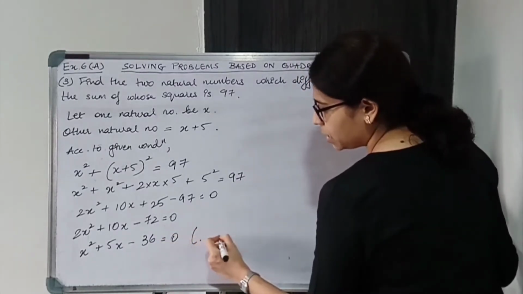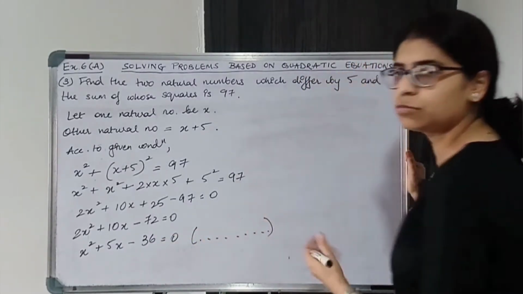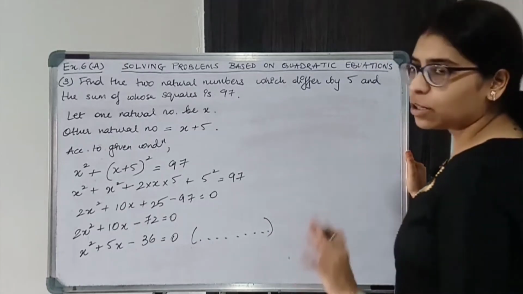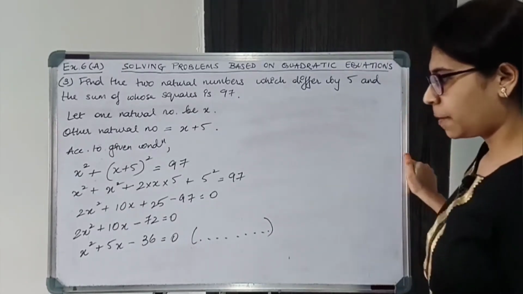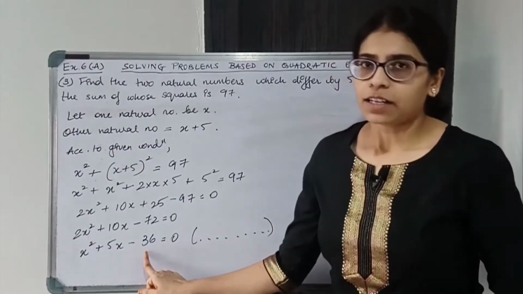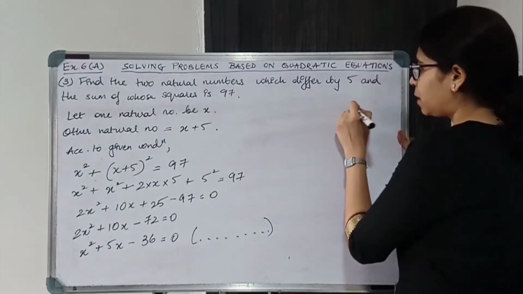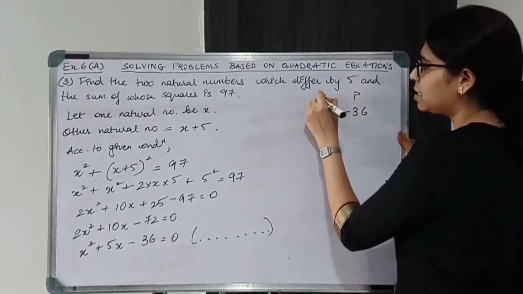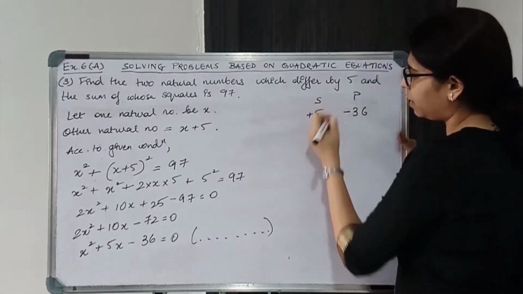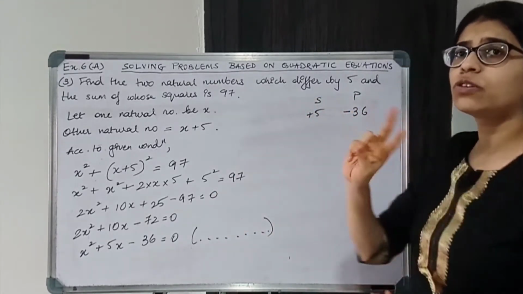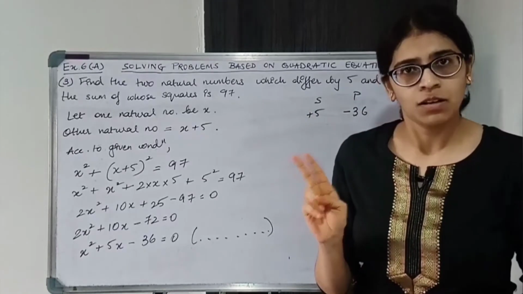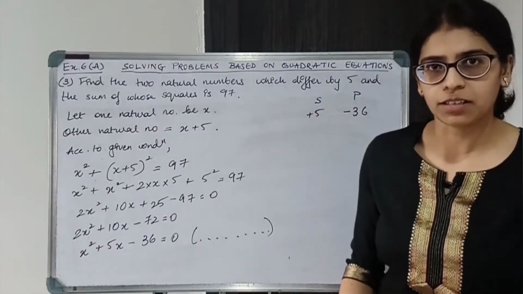So just give the reason why you're dividing throughout by 2. Now it's easy, we have smaller numbers. We have to find the factors of 36: 1 into minus 36. That is, minus 36 is the product and the sum is plus 5. Product is negative, which means both the numbers have opposite signs. That means you have to subtract the factors.